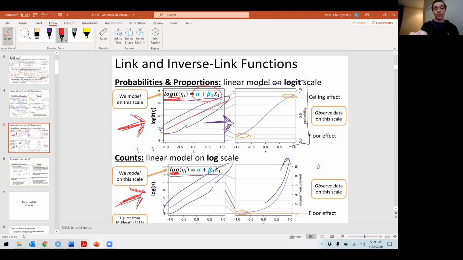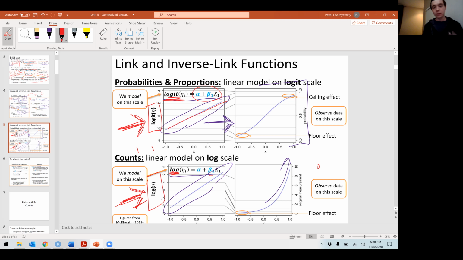So here, beta is the expected unit change in the logit, on the logit scale, per unit change in x. Here, beta is the expected unit change in the log, on the log scale, per unit change in x.